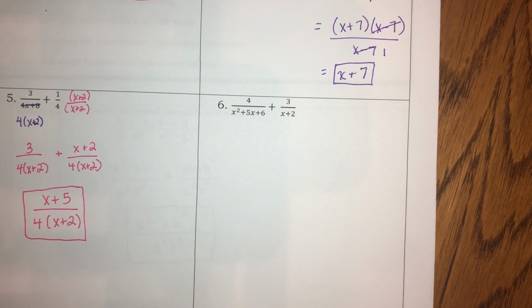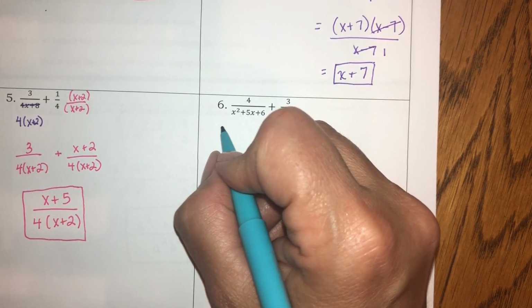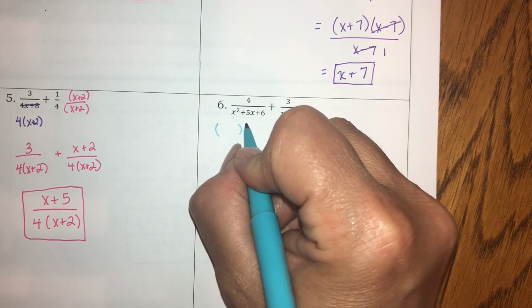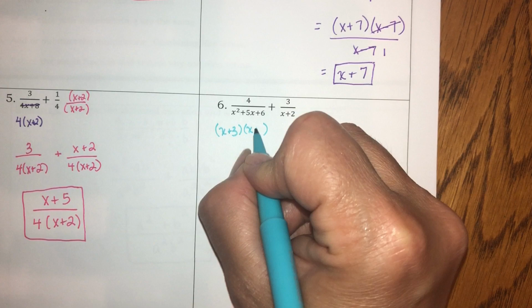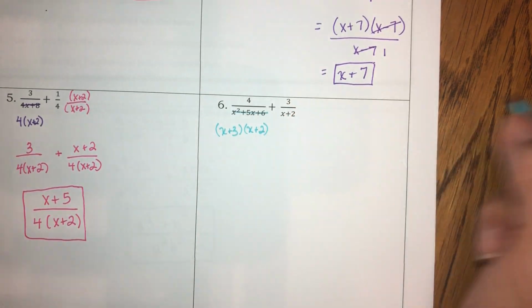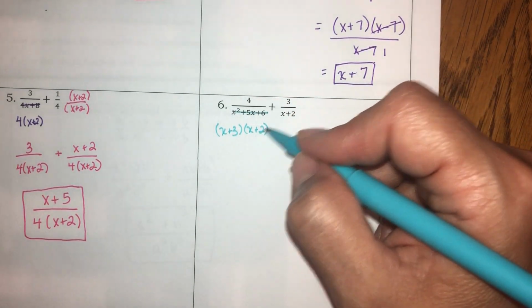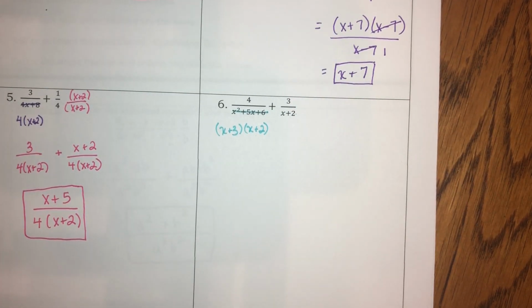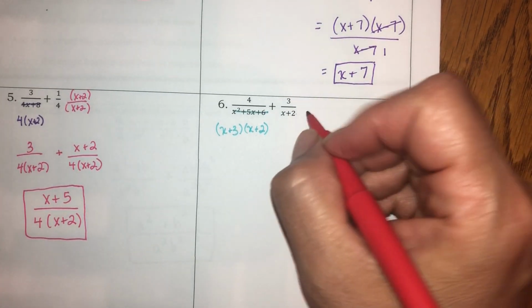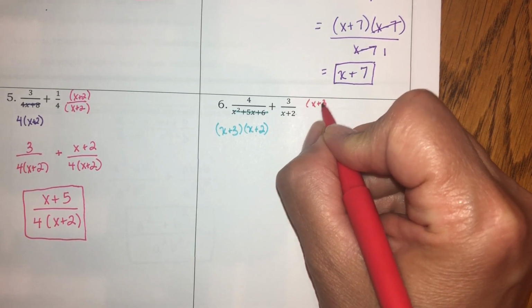And on this one, again, I'm going to have to factor the bottom. This is that trinomial, backwards FOIL, whatever you want to call it. This factors to x plus 3 times x plus 2. That's my new denominator. This denominator has a matching x plus 2, but it doesn't have an x plus 3. So I'm going to multiply by x plus 3 on top and bottom over here.